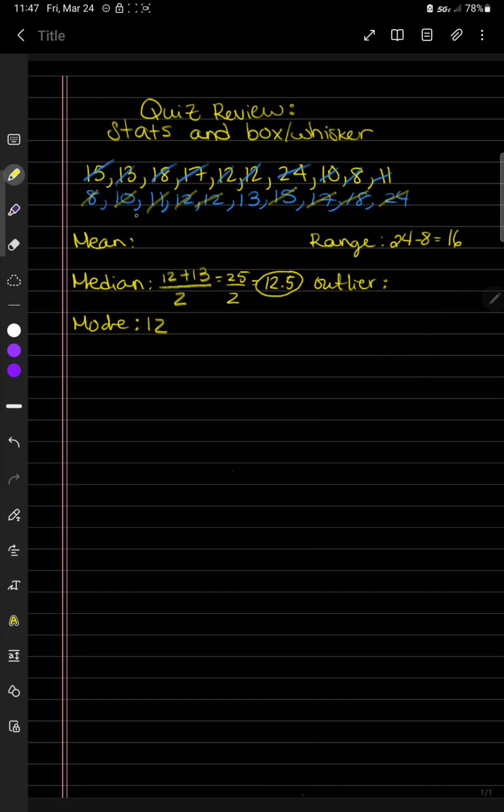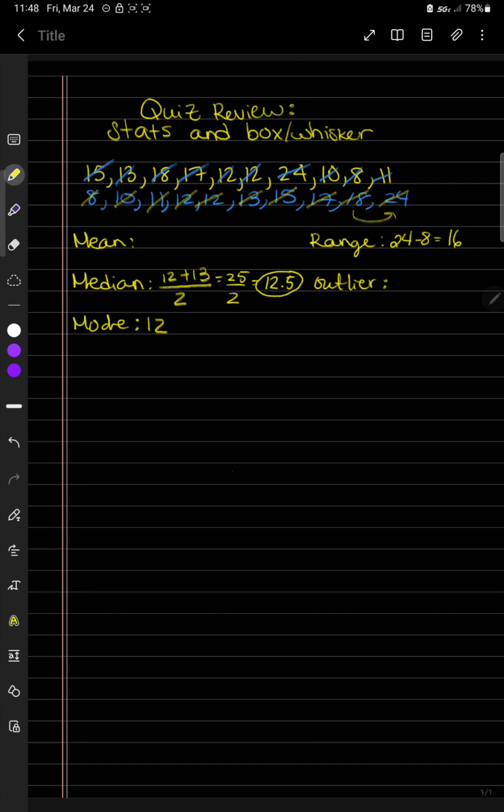And then our outlier is the number that stands outside of the data, like the farthest off. So from 8 to 10, that's just 2 spaces. From 10 to 11, that's 1 space. 11 to 12 is 1 space. 12 to 13, that's 1 space. 13 to 15 is 2 spaces. 15 to 17 is 2 spaces. 17 to 18 is 1 space, but 18 to 24 is 6 spaces.